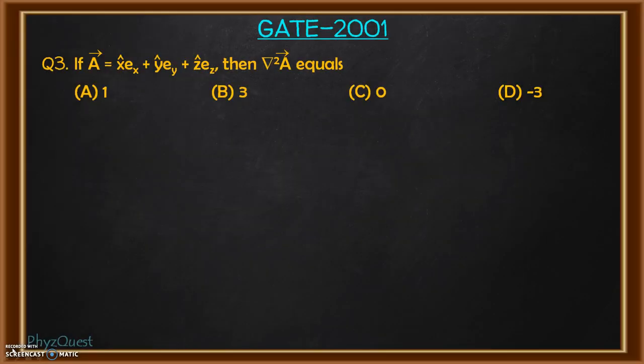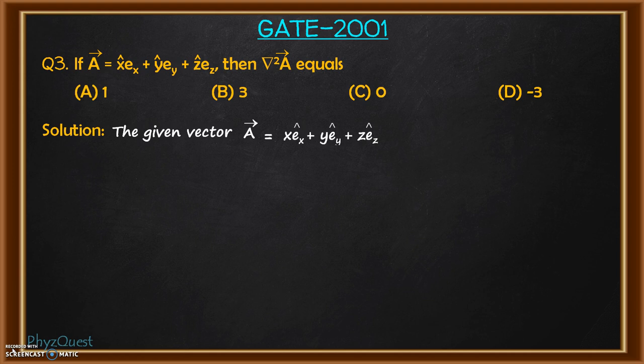Now let's move to the next question. The third question is: if vector A is x ex cap, y ey cap and z ez cap, then we need to calculate del square A. So the given vector is A equal to x ex cap plus y ey cap plus z ez cap, where ex cap, ey cap and ez cap are the unit vectors.